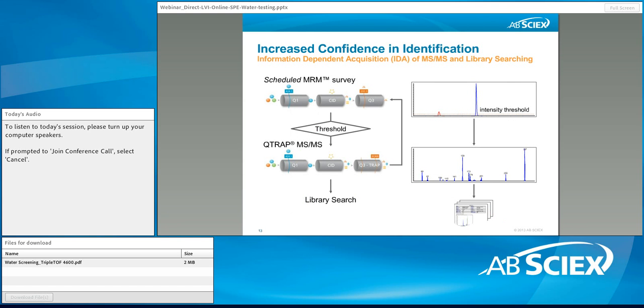On top of just collecting MRM information, we can also ask the QTRAP instruments to acquire full-scan MS information on the fly. That's done through a software piece called information-dependent acquisition. Every time an MRM signal goes above a threshold we can define, the instrument collects the MS information and then goes back to collect more data points for the MRM part for our quantitative analysis.